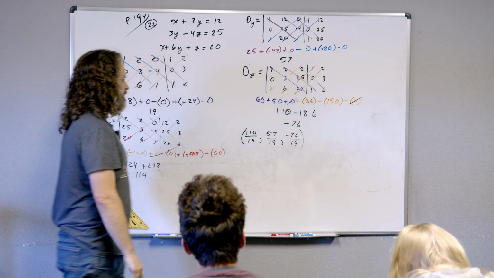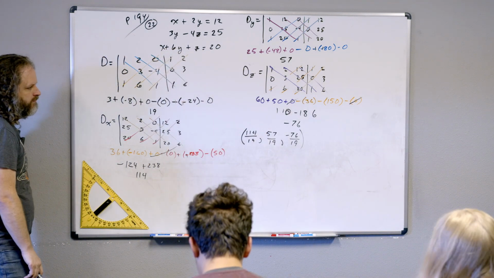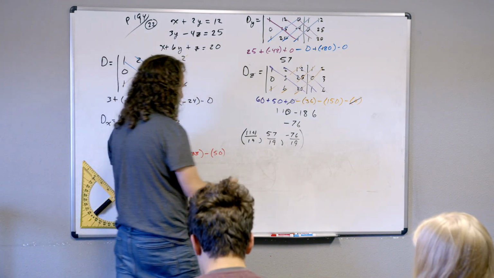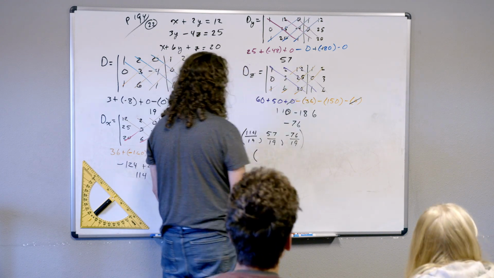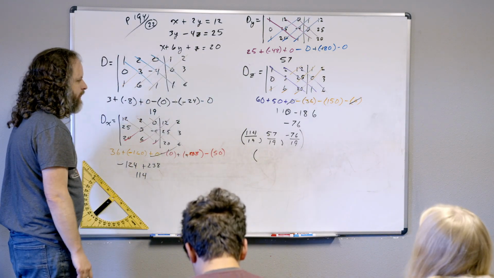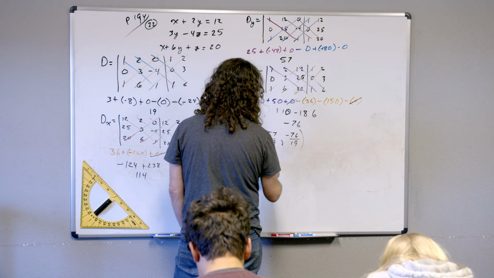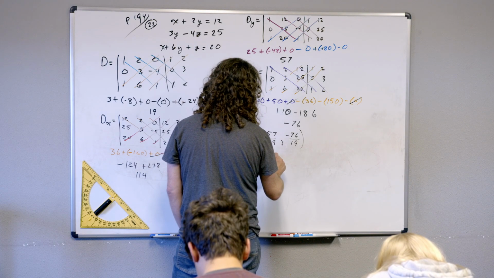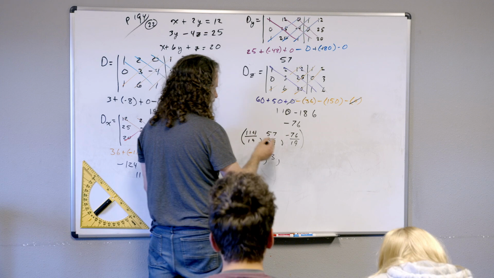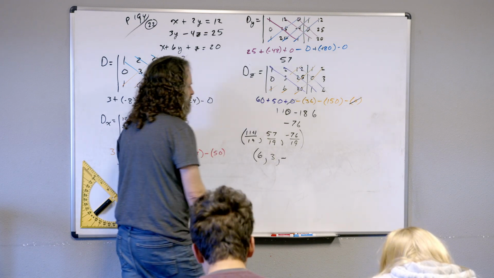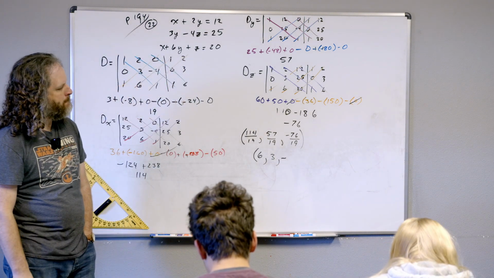What's 114 divided by 19? I don't know either. Grab a calculator. 6. And then 57 divided by 19. Almost certainly 3. Negative something. 76 divided by 19 is what?